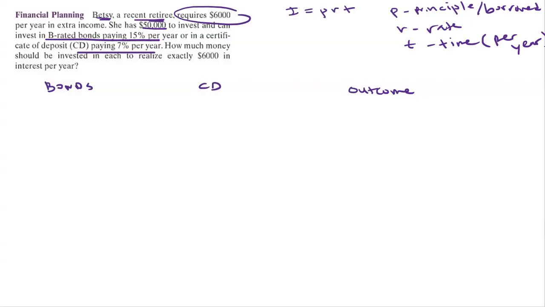So in this case, remember she has $50,000 to invest. We don't know how much she's investing. Okay, we don't know how much she's putting in each. So let's make this one X. So this will be X here. All right. So if Betsy's putting X amount of money in bonds and she has $50,000, how much is she putting in CDs?